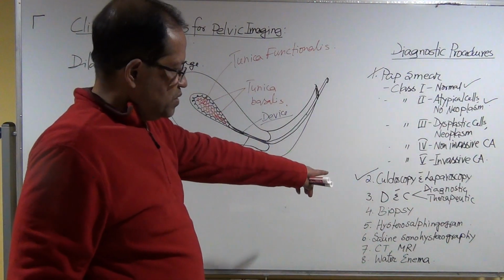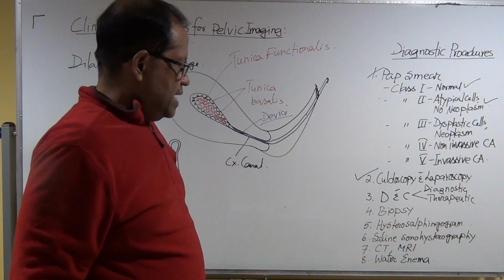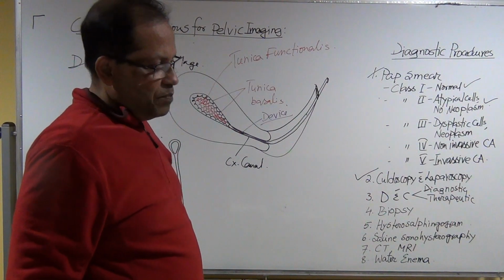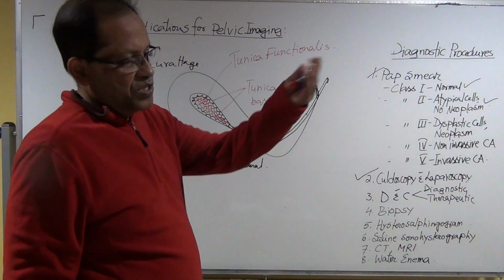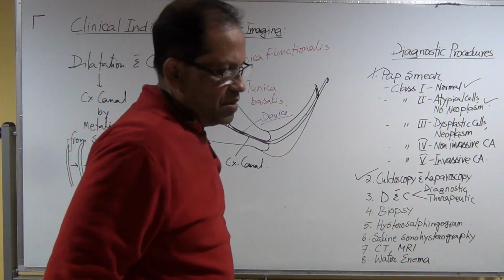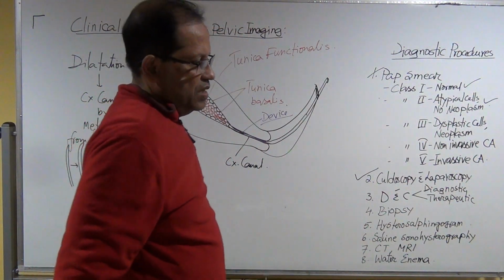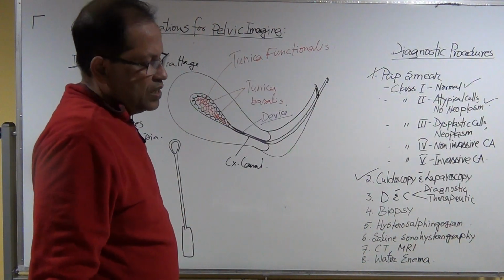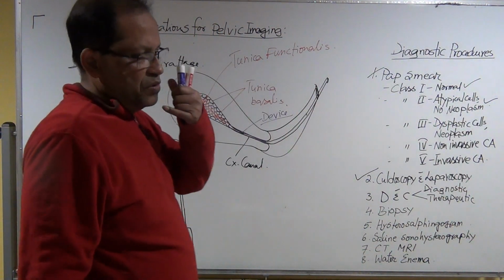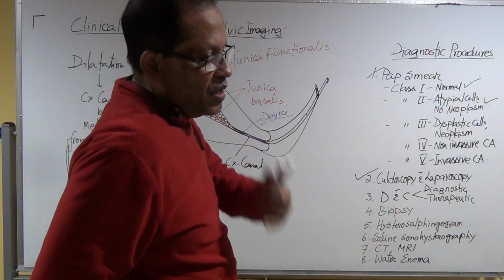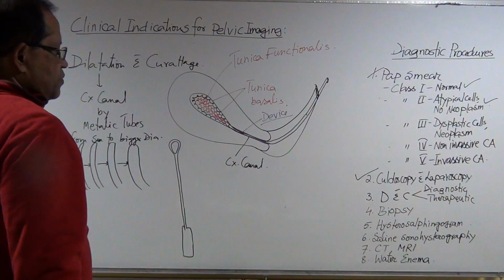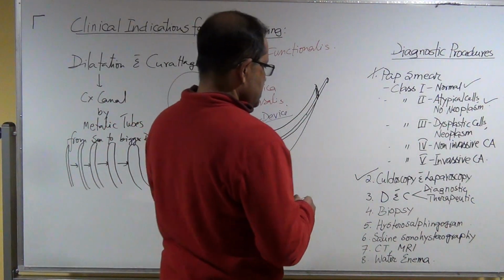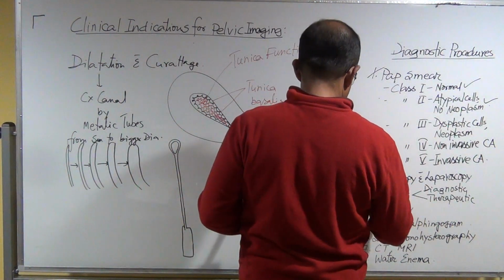Most of the time they will have a little pain, and they will be instructed, if you have further bleeding within 24 hours, please let us know. This is the hotline number. Call this number, and they will call you to ask, are you okay, if you have any problem. Okay, so this is D and C.